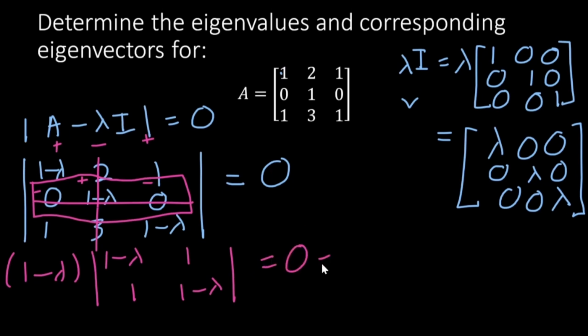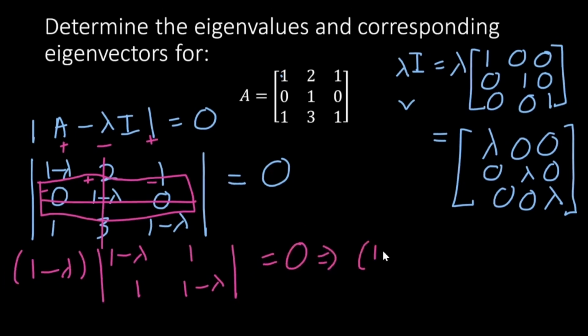So now this gives me 1 minus lambda multiplied by 1 minus lambda, the whole thing squared, minus 1. This must be equal to 0.